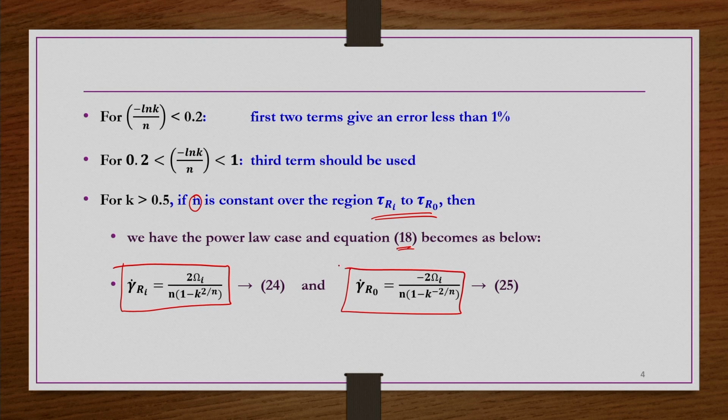So gamma dot Ri is gamma dot as a function of tau Ri, and gamma dot R naught is gamma dot as a function of tau R naught. That is the notation we are using. So gamma dot Ri is 2 omega I divided by n, times 1 minus k power 2 by n, and gamma dot R naught is minus 2 omega I divided by n, times 1 minus k power minus 2 by n.